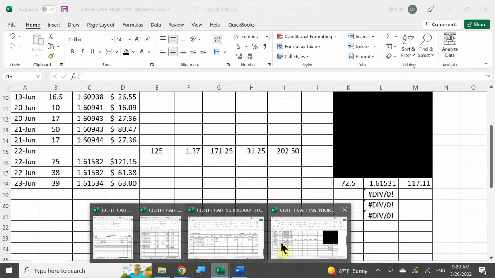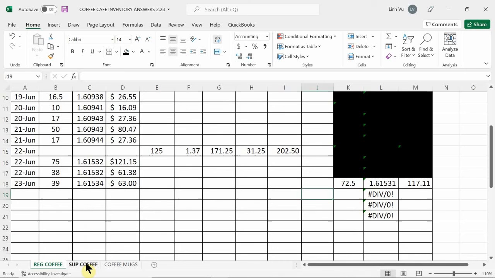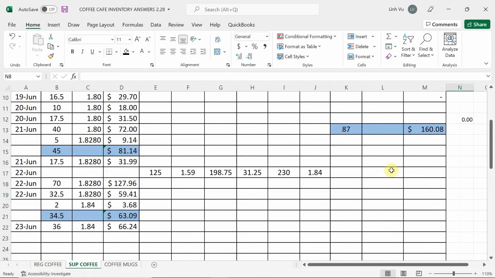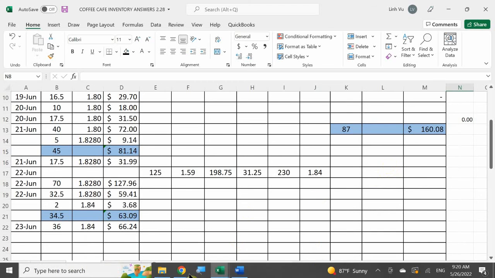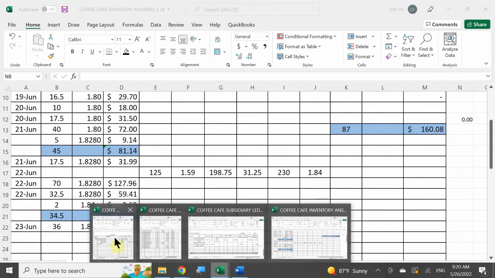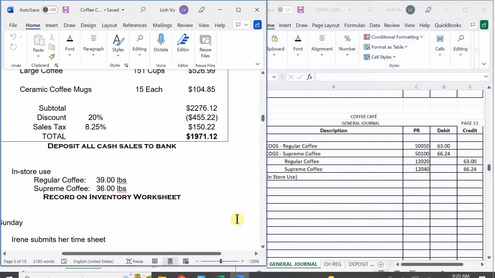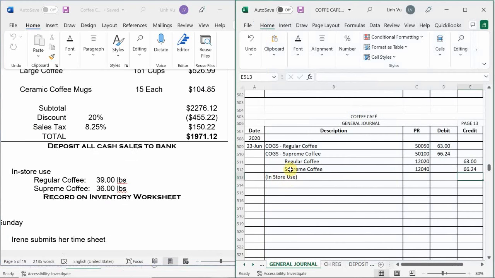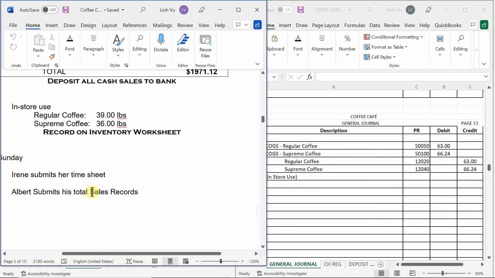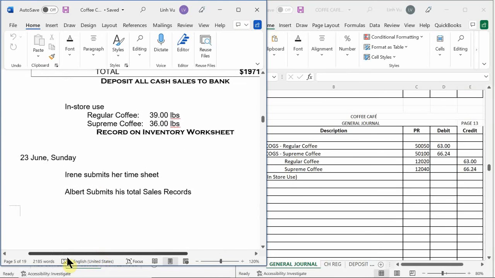And let's see, does that match my inventory worksheet? I believe it does. 160.08. Okay. Right, so that is the 23rd of June sales, okay? So let's see what has happened next, okay?